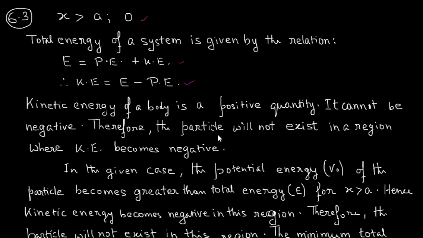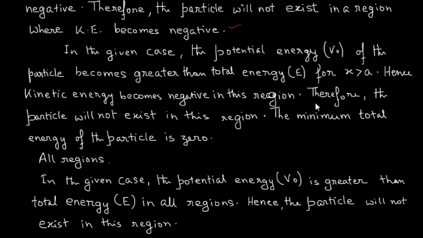Therefore, the particle will not exist in a region where kinetic energy becomes negative. In the given case, the potential energy V0 of the particle becomes greater than total energy E for x greater than a. Hence, kinetic energy becomes negative in this region. Therefore, the particle will not exist in this region.